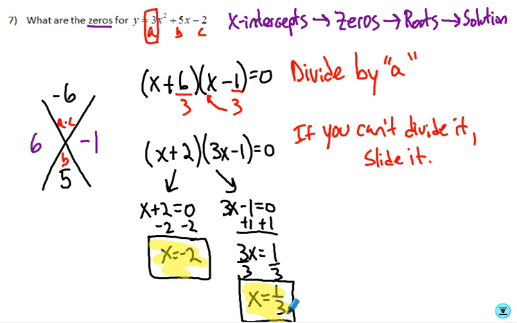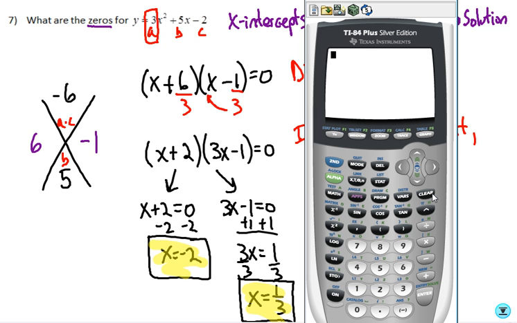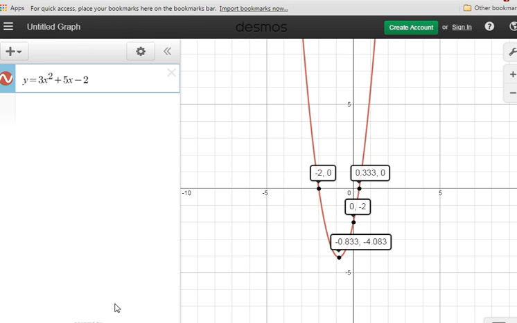Now 1/3 as a decimal, if you typed this in, if you wanted to do, well, what's 1/3 as a decimal? You get 0.333 repeating, which is why we see a 0.33 there. So you can use the TI-84 to check this, to find the vertex and then to find the zeros, the x-intercepts on this one.